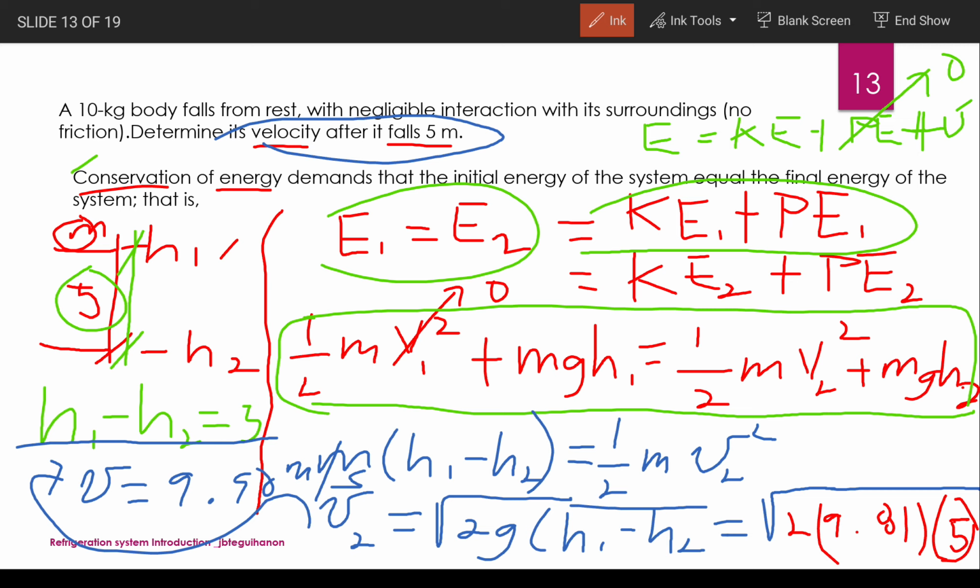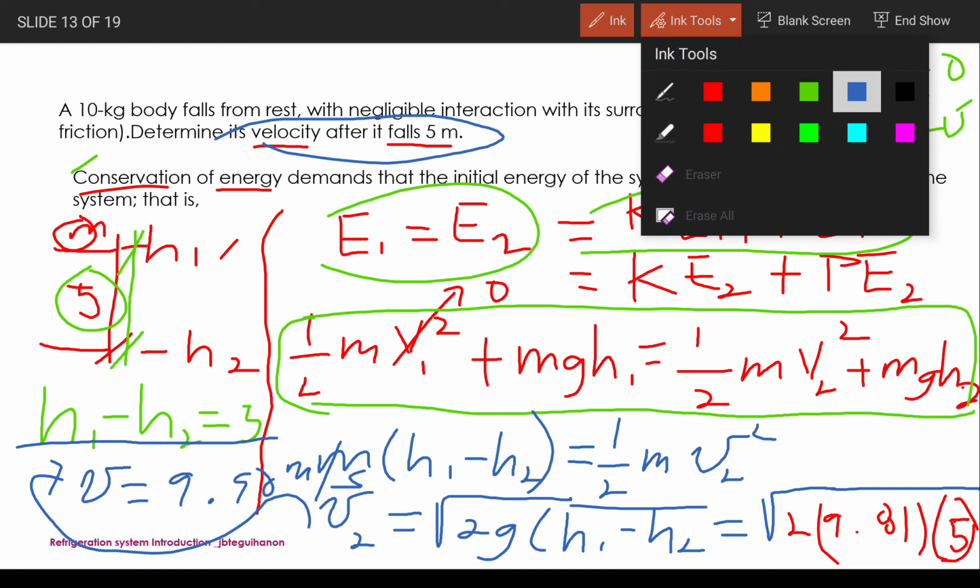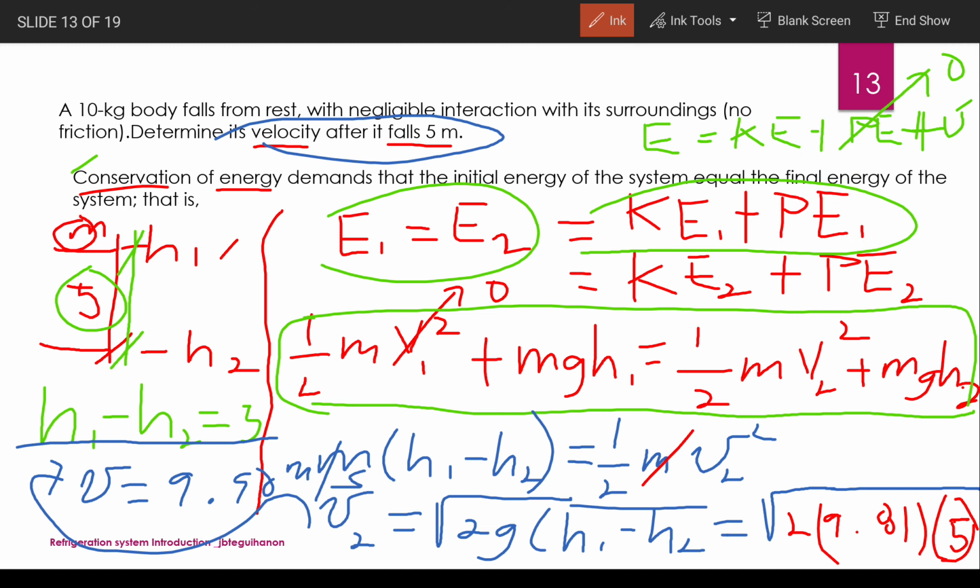Your m here was cancelled out, right? And it has g here. I forgot to write it down. This is mass times g, gravitational acceleration.